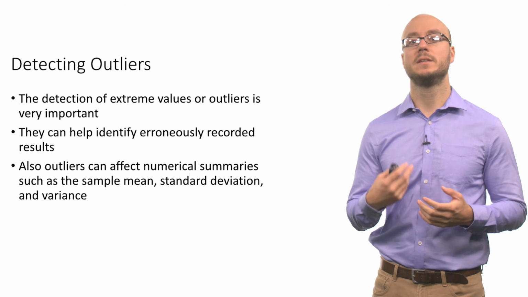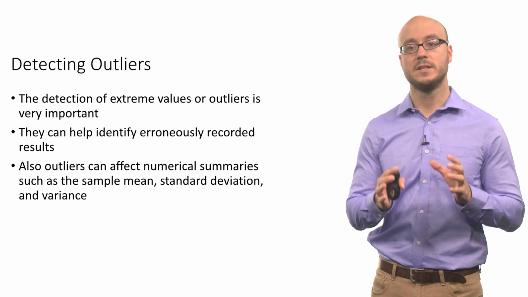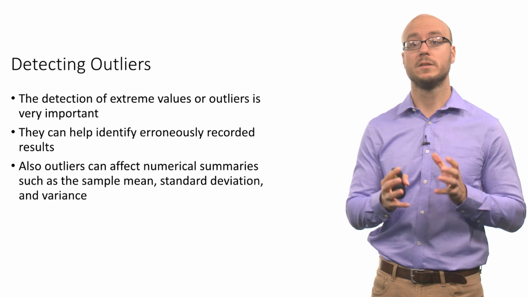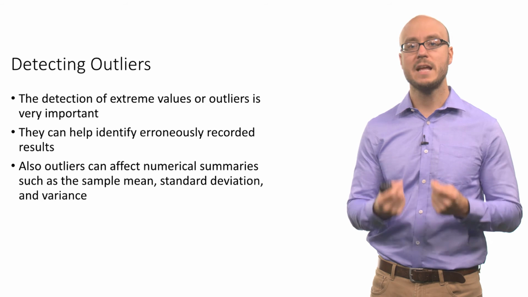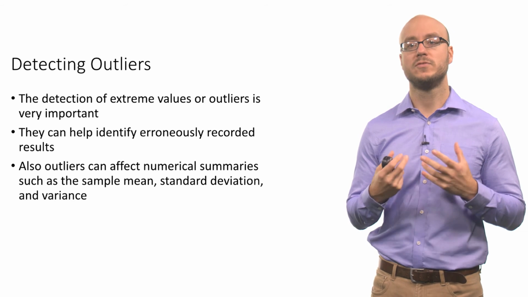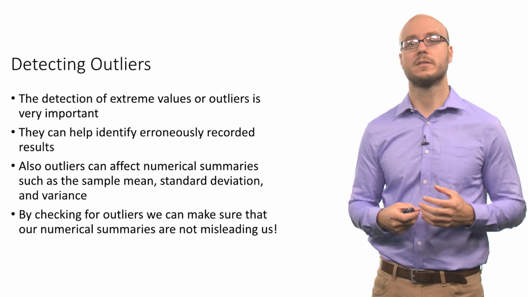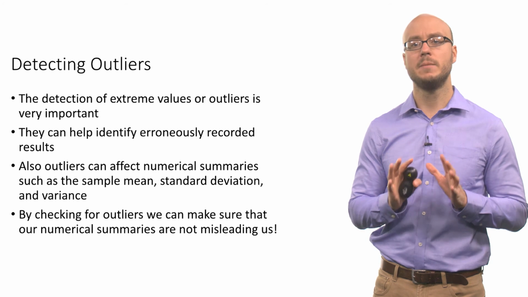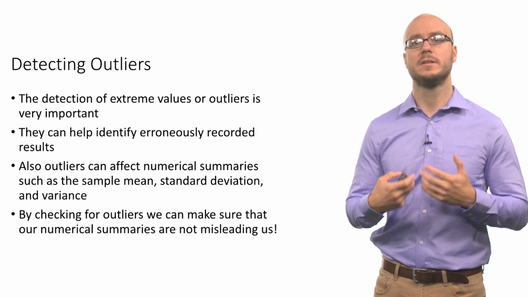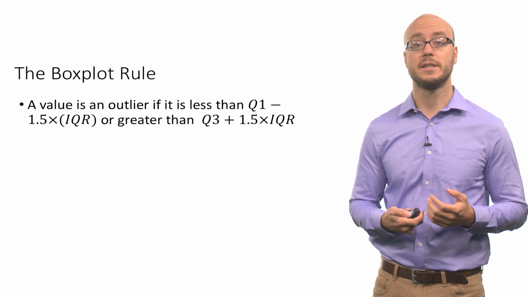The sample mean, the standard deviation, the variance, all of these are sensitive to an extreme value, to an outlier in our data set. So identifying outliers is very important when we're trying to understand a set of data. The key point is that we want to make sure that these measures are not misleading us.